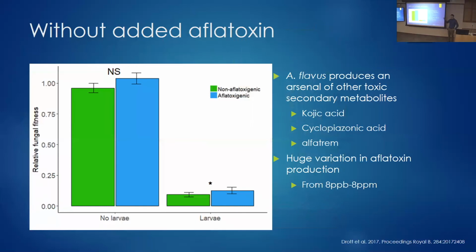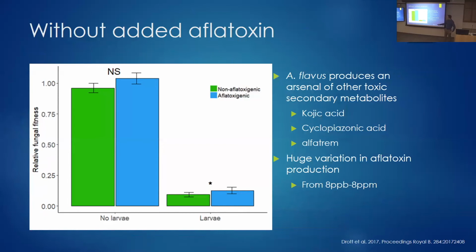So before we were adding toxin to the tubes, we wanted to ask, does the natural production by the fungus itself have an effect? So here we just did non-aflatoxigenic and aflatoxigenic isolates without aflatoxin added to the food. And what we see is no significant difference between their growth when no larvae are present.